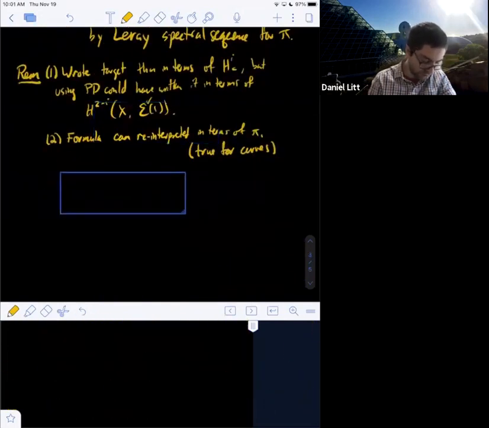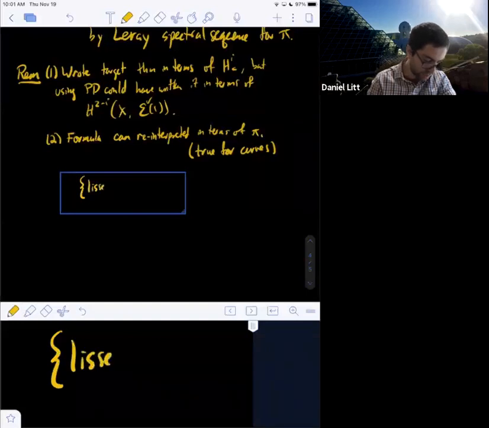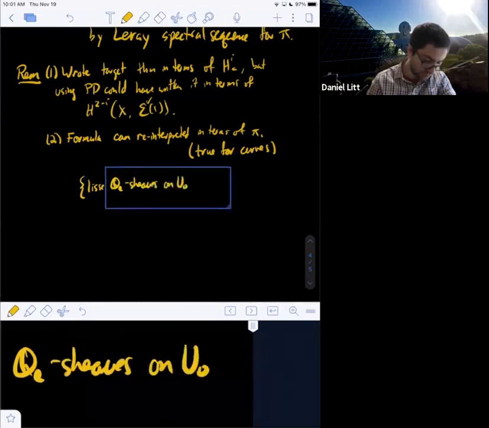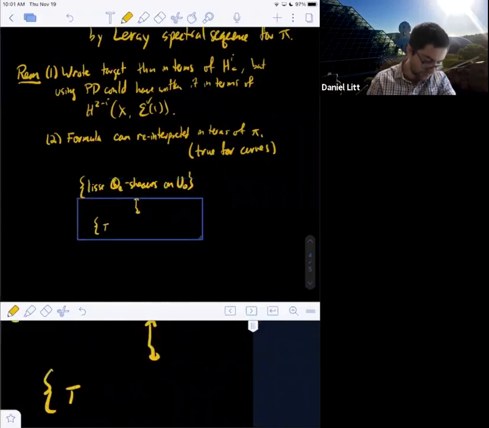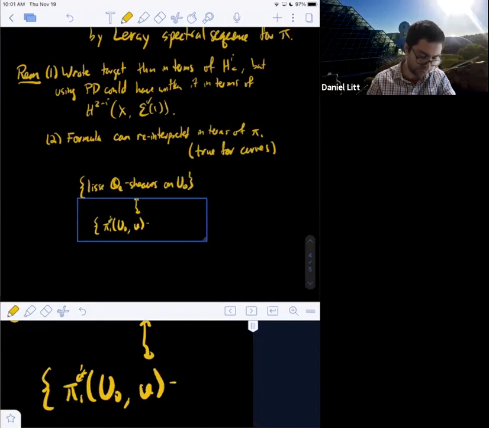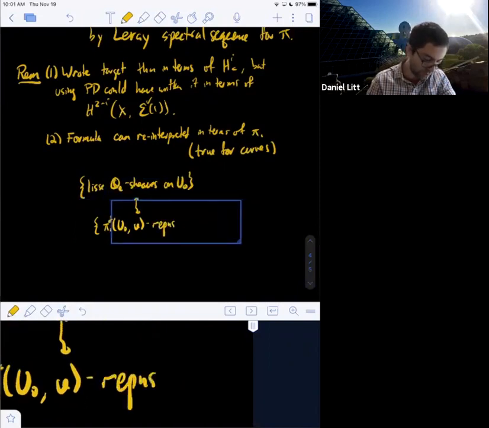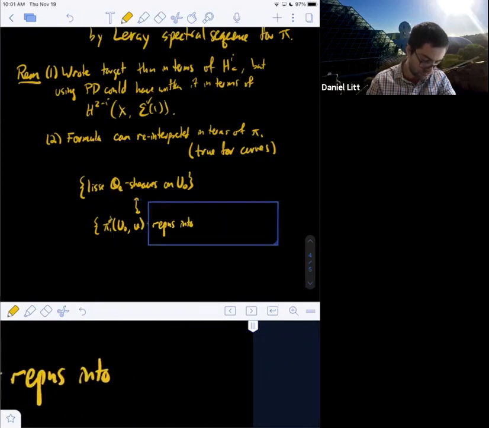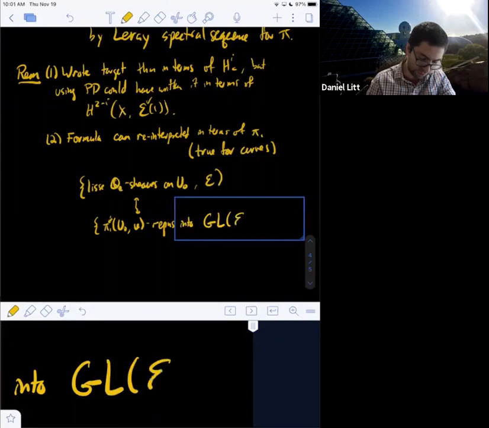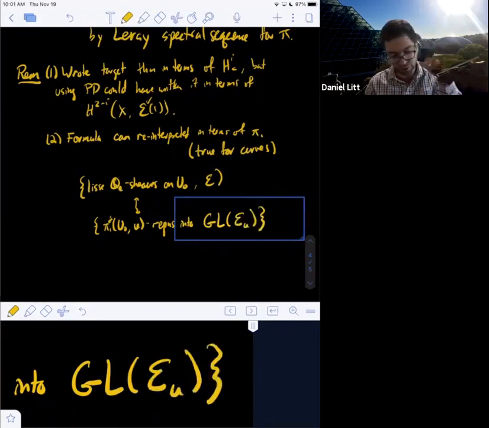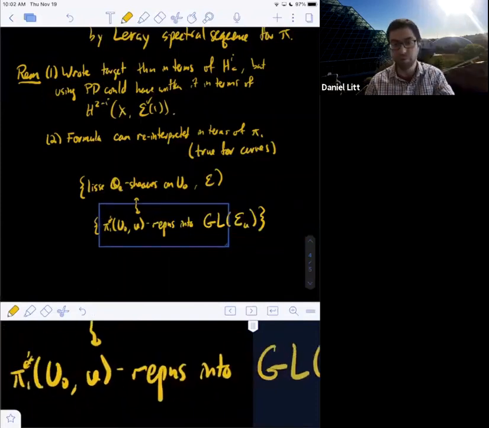So let's remind ourselves. There's a correspondence between lisse Q_l sheaves on U_0 and, given a base point, let's call it u, representations of pi_1 of U_0, the étale fundamental group, into, let's say, G. So given a lisse Q_l sheaf E_0, we get a representation into the fiber of E, or the stalk of E, at our base point u.